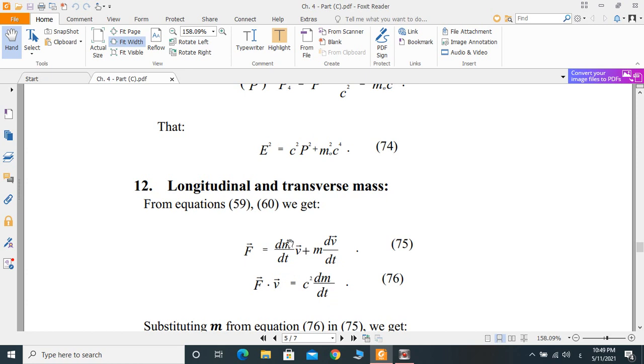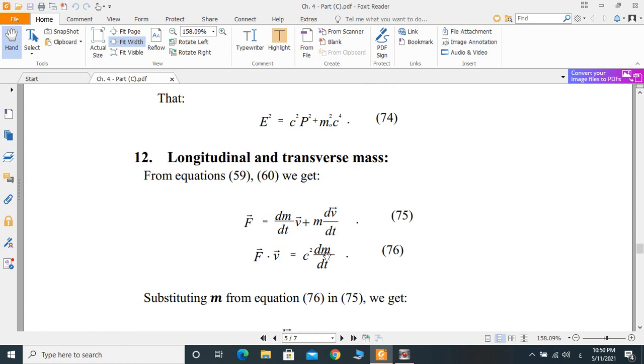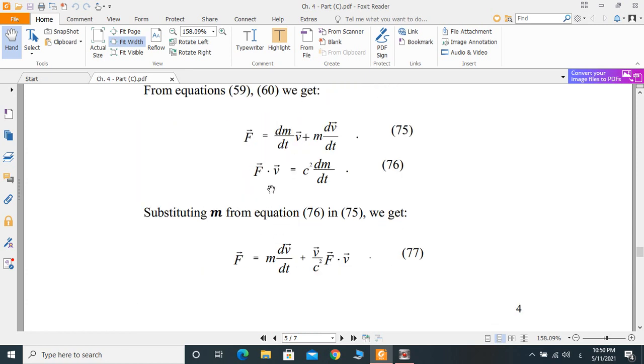We can substitute from this relation, from 76 into this relation 75.